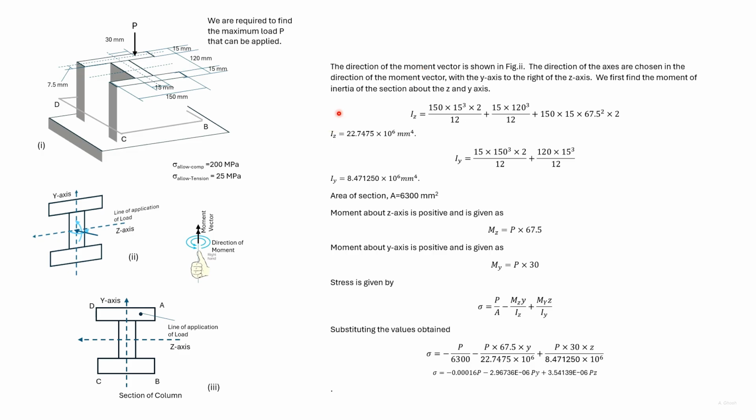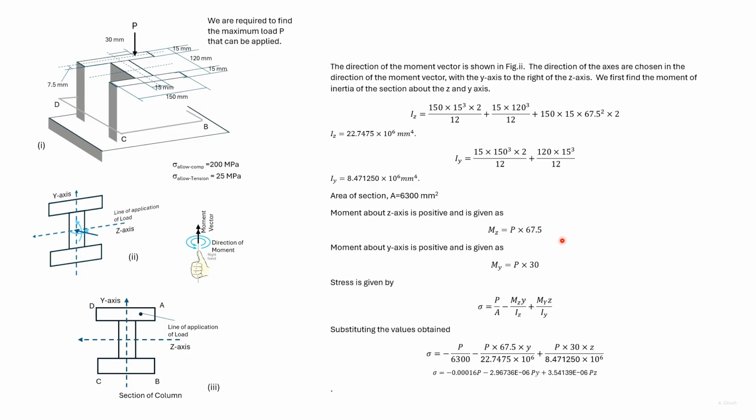Since we now know the direction of Y and Z, we chose the axis so that the moment applied would be positive. So we find the positive moment applied about the z-axis and the y-axis.